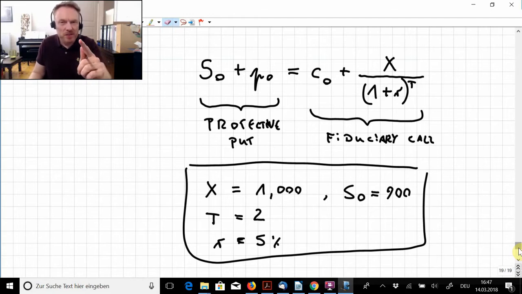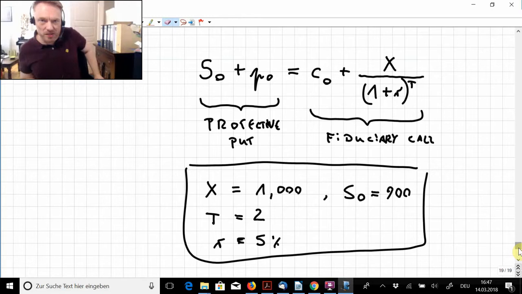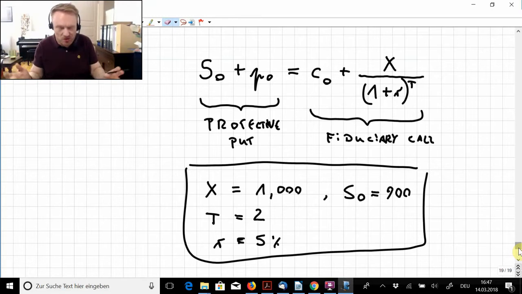One last thing about it. Say the exercise price is $1,000, or 1,000 euros or 1,000 yen, and the call and the put expire in, say, 2 years. Let capital T equal 2, and the interest rate 5%. And S0 is, let's have $900.